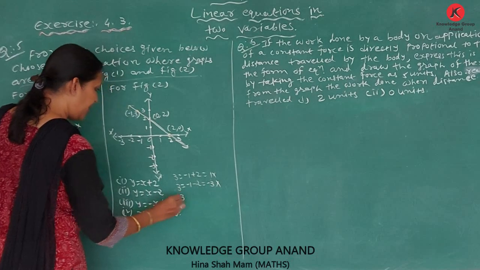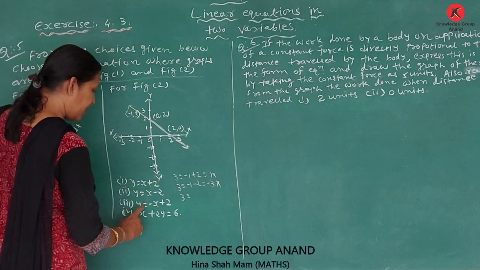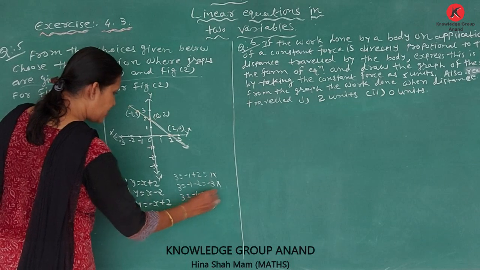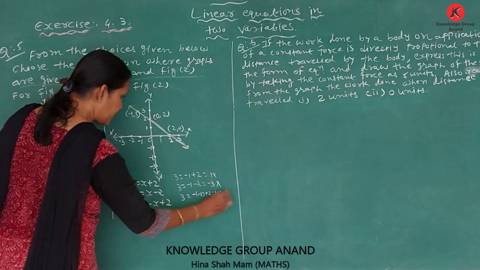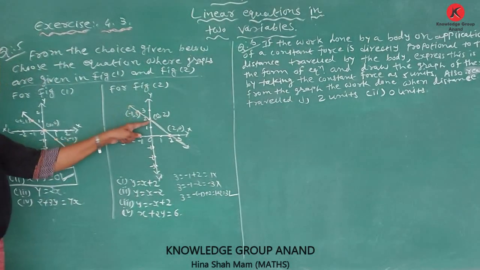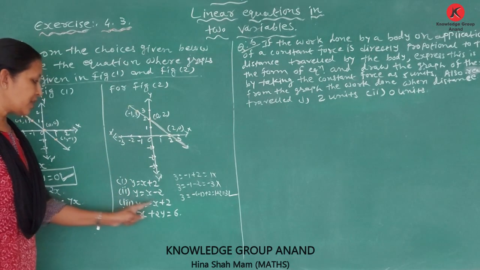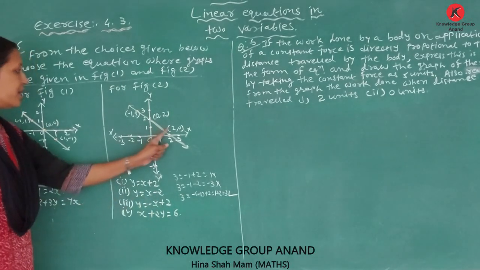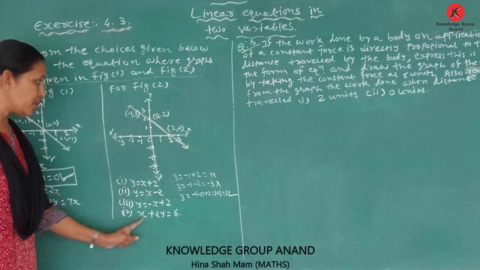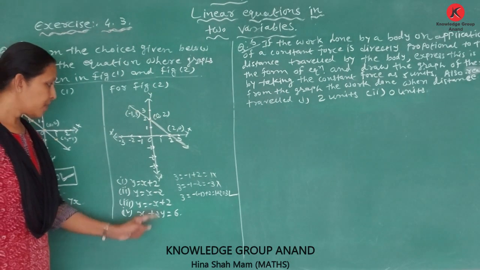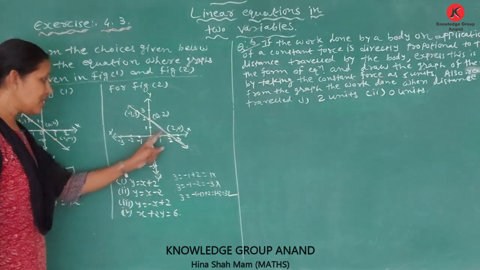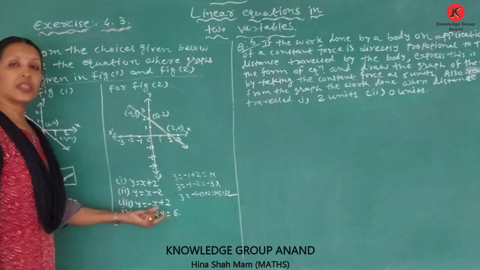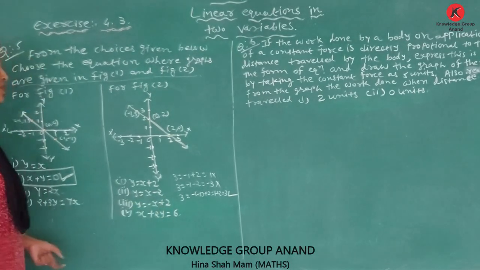Y is equal to 3 and x is equal to -1. 3 is equal to -1 plus 2 plus 2, which is 3, the value is correct. Now the second point, (0, 2)... checking (-2, 0): 0 is equal to -2 plus 2, correct, 0 is equal to 0. Point (2, 0)... no, putting x equal to -2 and y equal to 0, 0 is equal to -2 plus 2, correct, 0 is equal to 0.